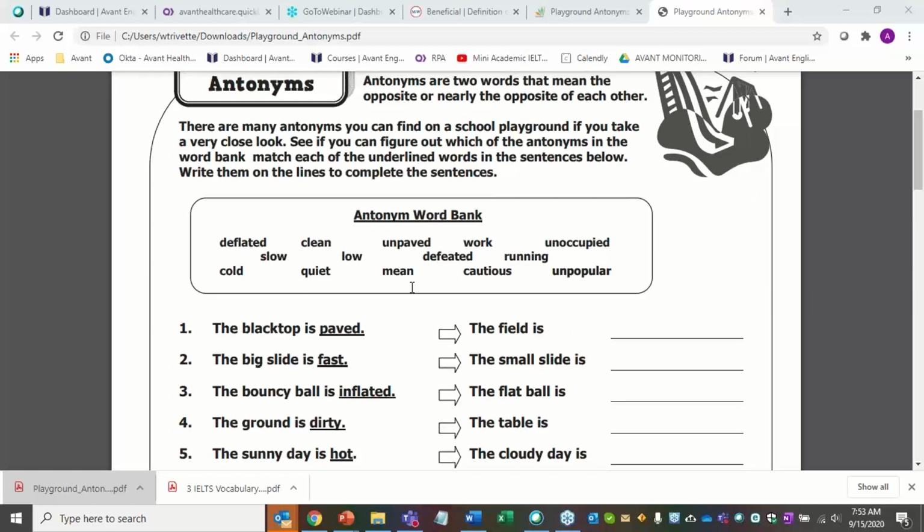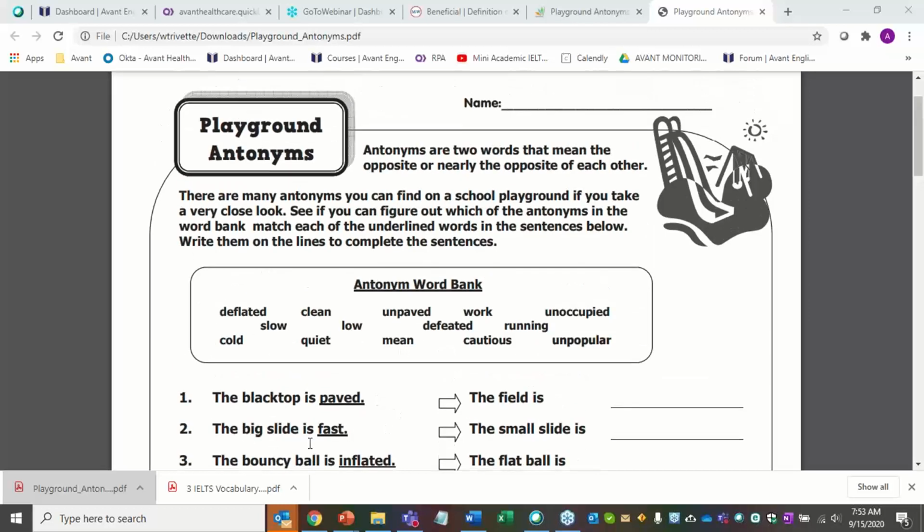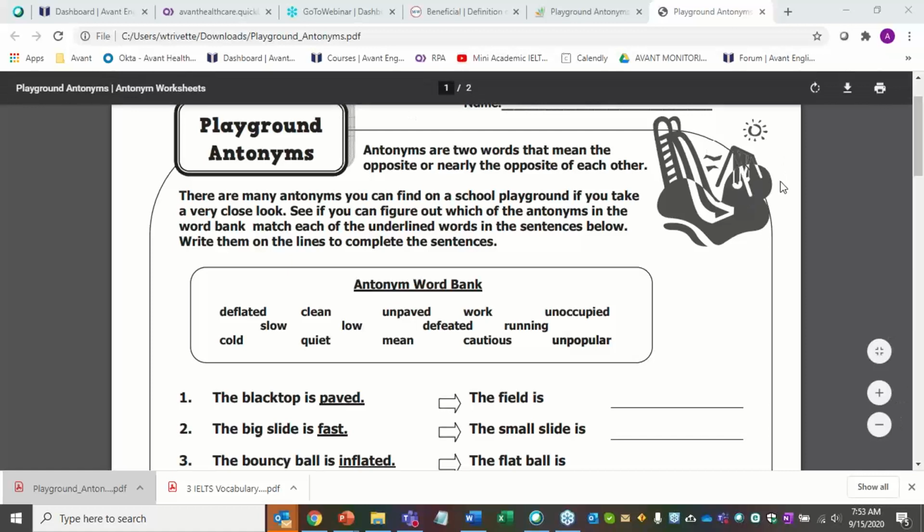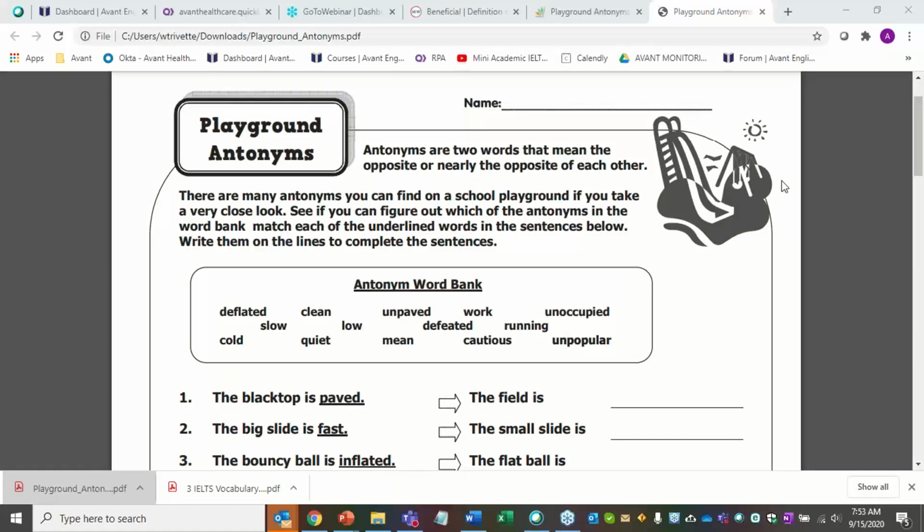All right, let's just do one more here. The bouncy ball is inflated. The flat ball is, all right. The bouncy ball is what? What would we say? All right, let's see who's participating here. Fayen? Are you there?